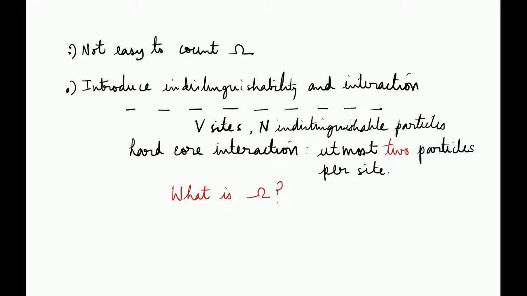When it was 1 particle per site, it was VCN. When it is 2 particles per site, is it possible to count? Let me restate the problem. I have V sites, n particles. At each site, you can have at most 2 particles. Is it possible to do?